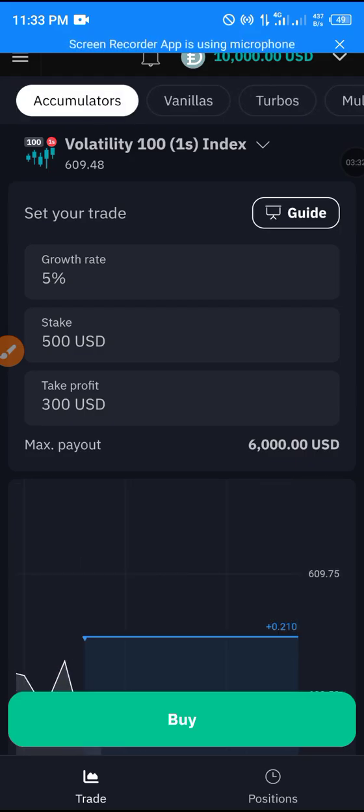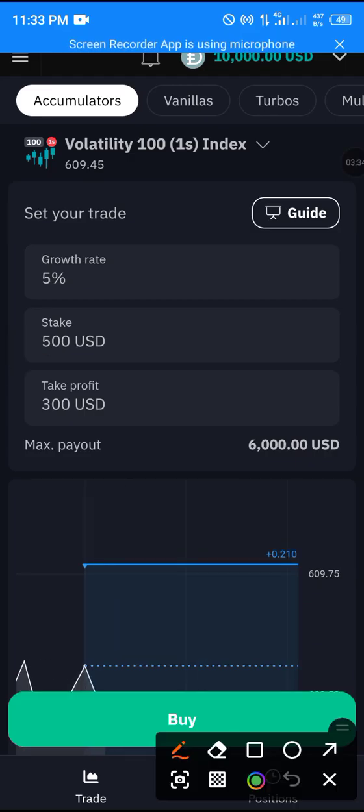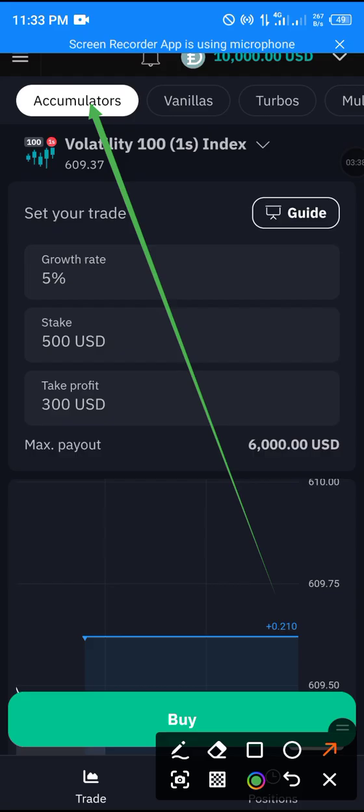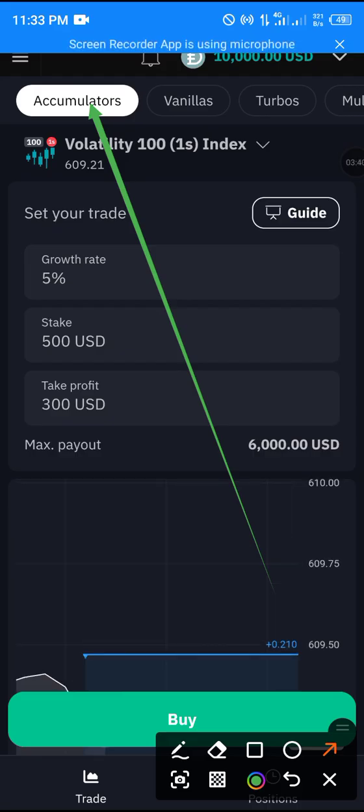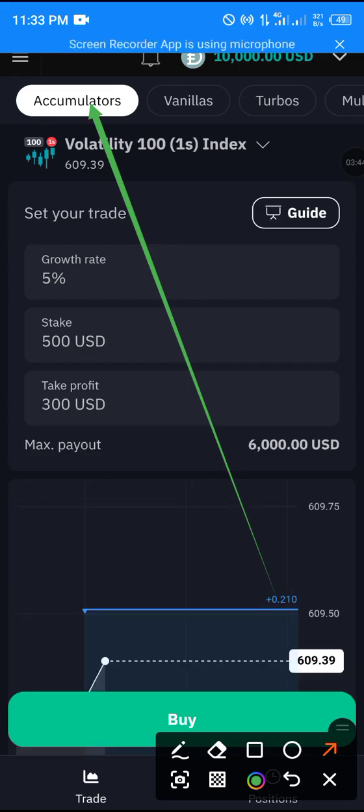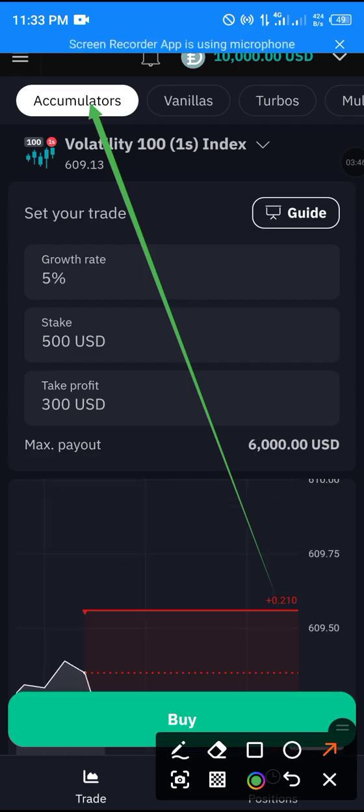But we are not reading all those ones. We are looking at accumulators, which is the first one. I'm still going to do videos for the others, like vanillas, turbos, and multipliers. Right now what we are looking at is accumulators.